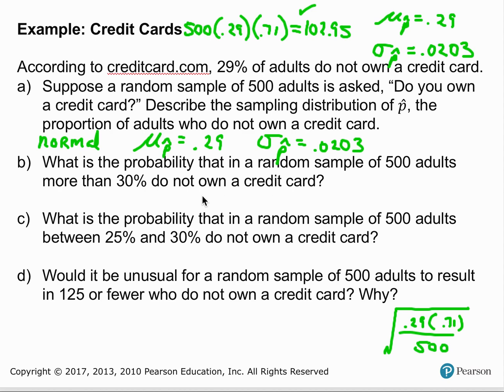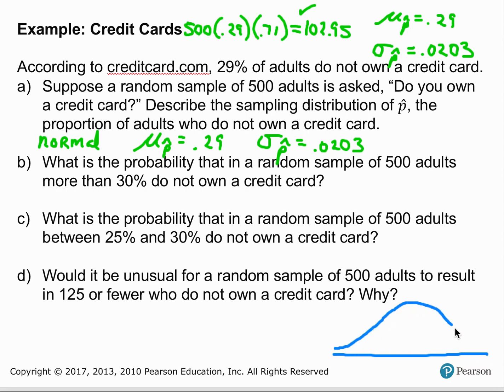What is the probability that in a random sample of 500 adults, more than 30% do not own a credit card? Okay, so once again, let's think about this.